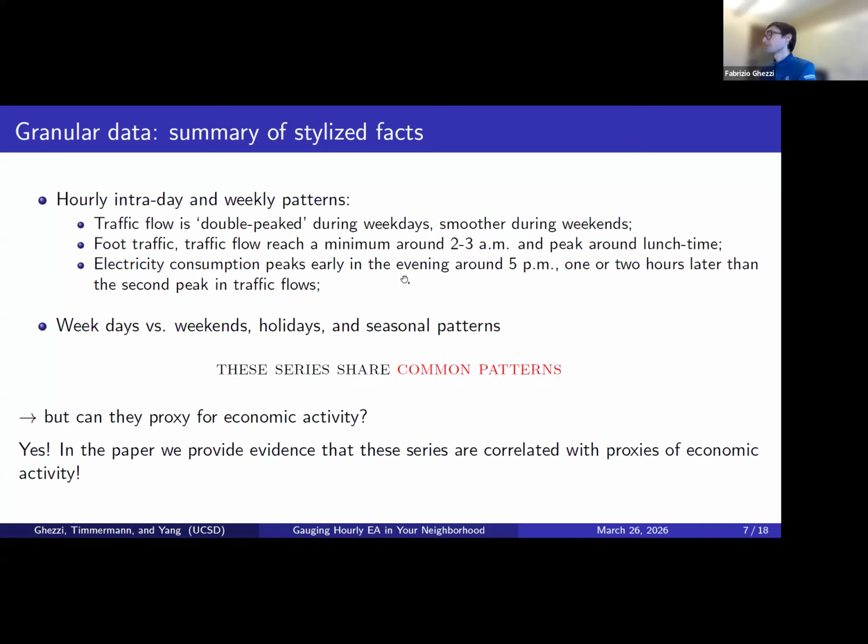And yes, in the paper, we show that these series are correlated with traditional measures of economic activity, namely payroll growth, so that you can establish a link between changes in payroll and traffic flows, foot traffic, electricity usage, and credit card spending data.